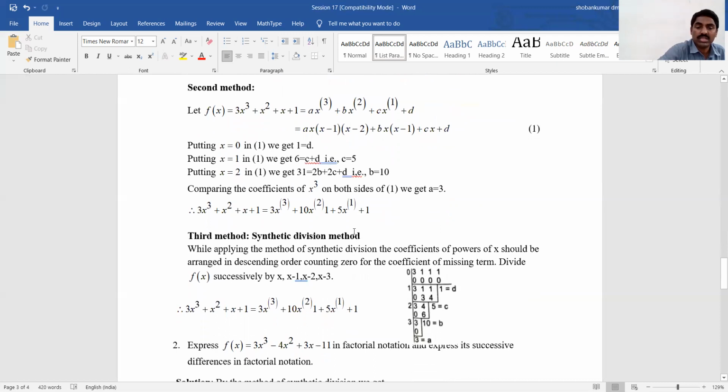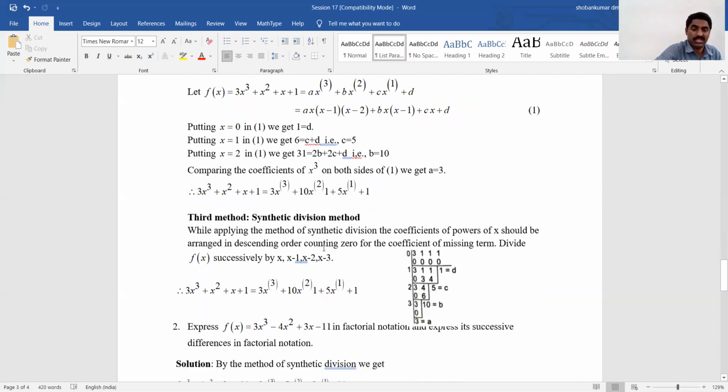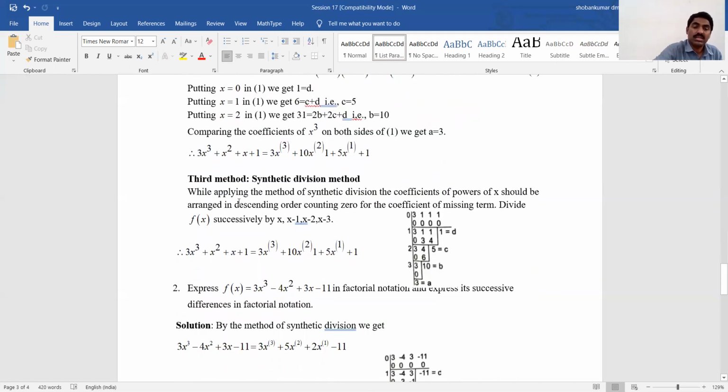And the last one is the synthetic division method. This is also very simple. While applying the method of synthetic division, the coefficients of powers of x should be arranged in descending order, counting 0 for the coefficient of a missing term. Divide f successively by x, x minus 1, x minus 2, x minus 3, when the degree is 3.